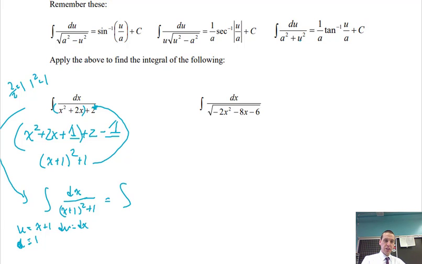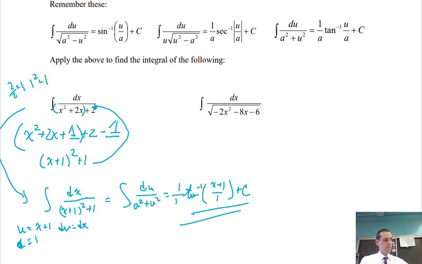So I can now write the integral of du over a squared plus u squared, which we now know equals 1 over 1 tan inverse of (x plus 1) over 1 plus c.